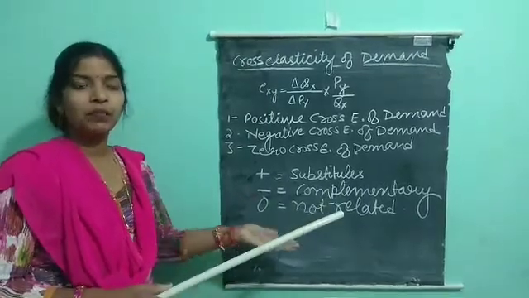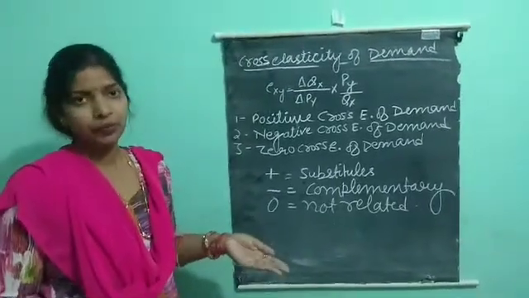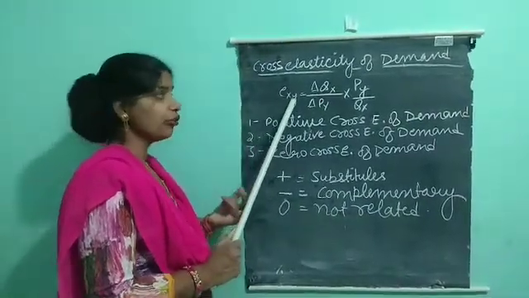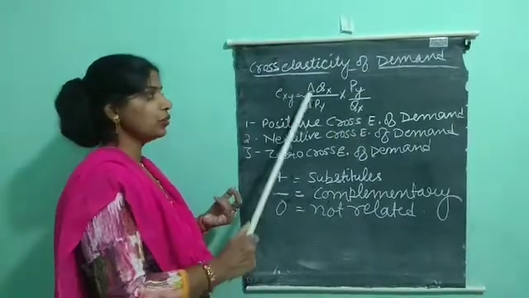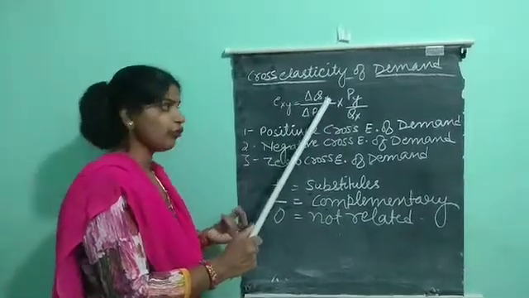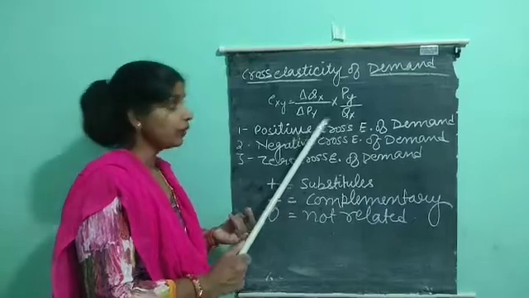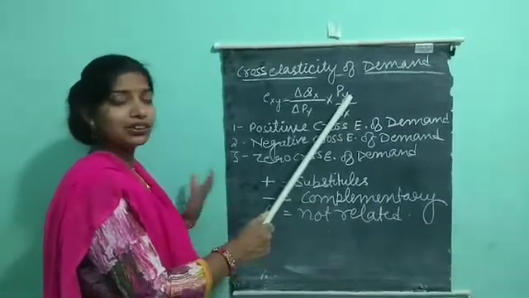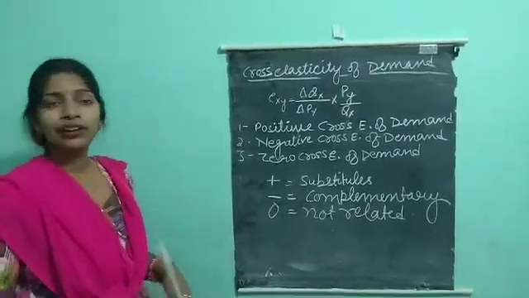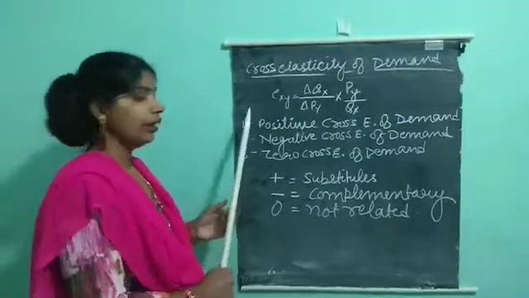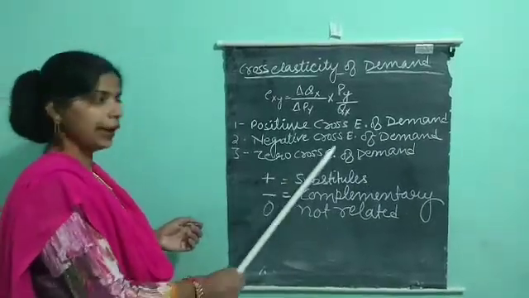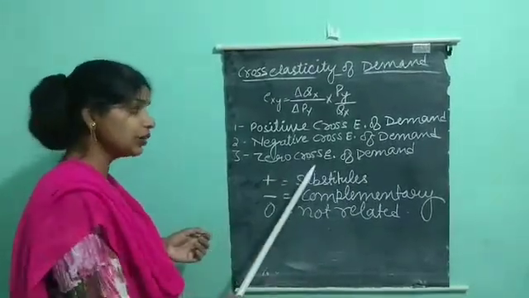Percentage change in quantity demanded of X to the percentage change in price of Y. The formula is: change in quantity of X, upon change in price of Y, into Py, the price of Y, upon quantity of X. Then we can divide cross elasticity of demand into three: first positive, second negative, and third zero cross elasticity of demand.